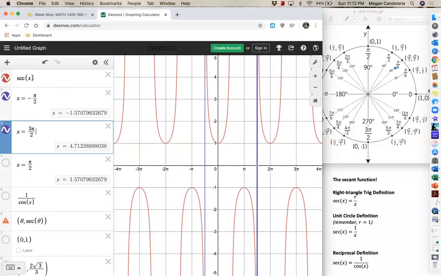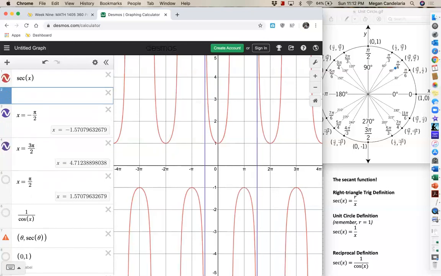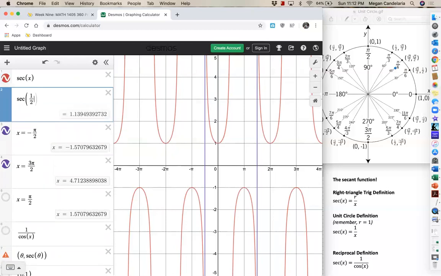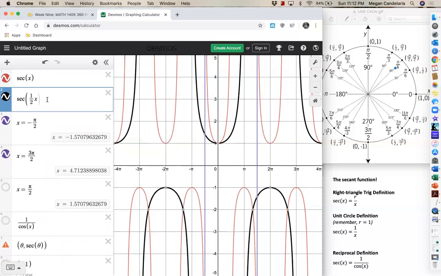Let's look at what happens when we do some horizontal stretching and compressing. So instead of secant of x, let's do secant of 1/2 x. Oh man, what happens there? Notice that we've made this wider, or we have done what to our period? We've increased our period, or made our period wider as well.